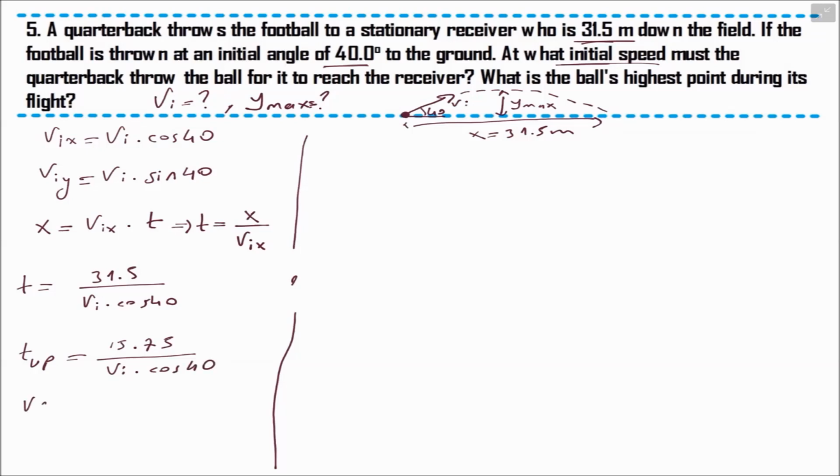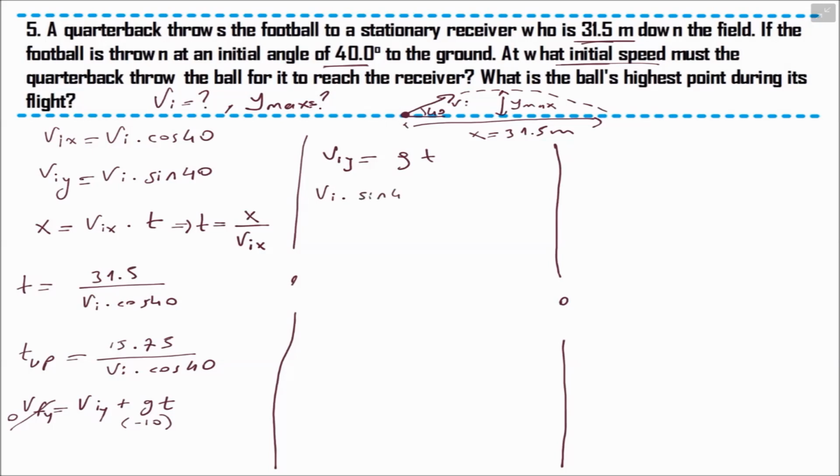Then v final equals v initial plus gt, and this is for the y component, final velocity is 0, g is negative 10. If we send it to the other side, it will be v initial y equals gt, and v initial y is v initial times sine 40, g is 10 times t, which is 15.75 over v initial times cosine 40.